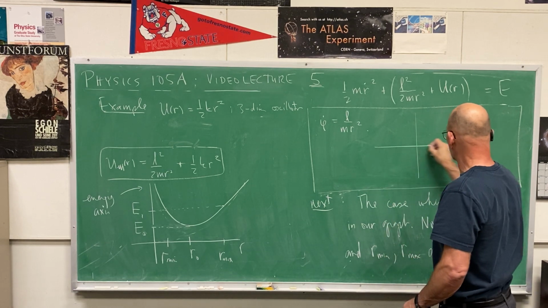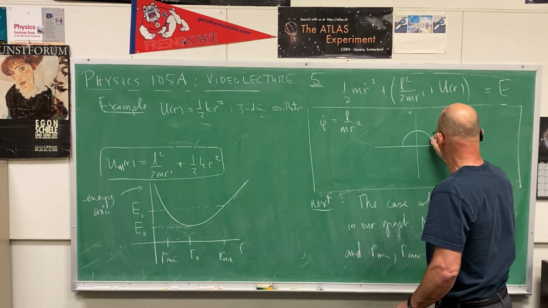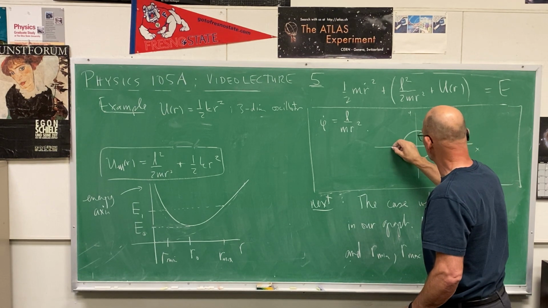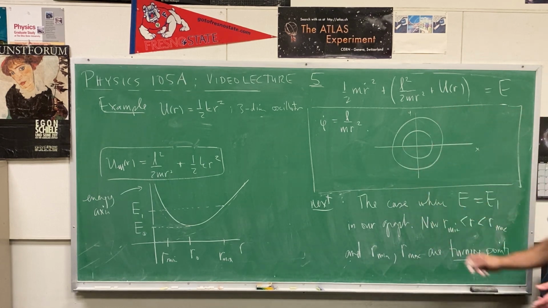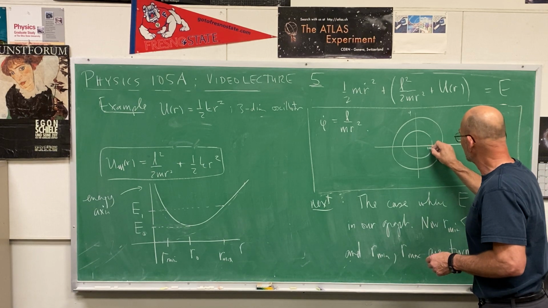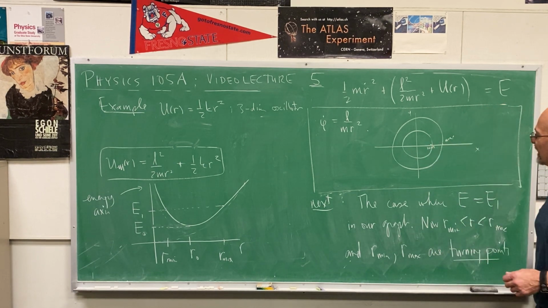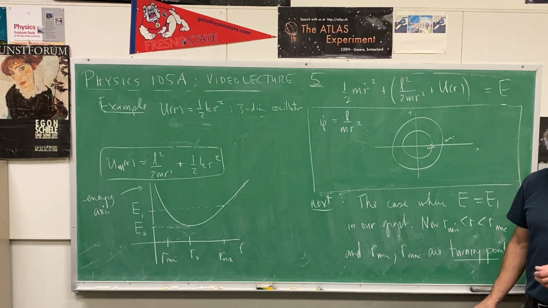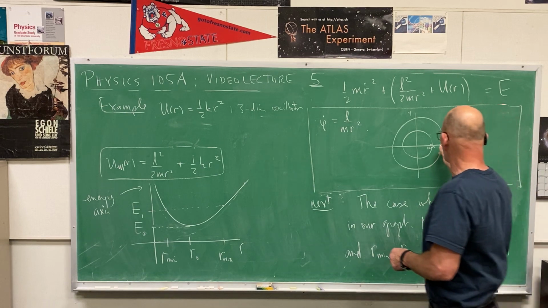So we're looking in the XY plane. There's R min. There's R max. Well, there are two circles. This is an annulus. R min, R max. And the motion is going to take place within that annulus.